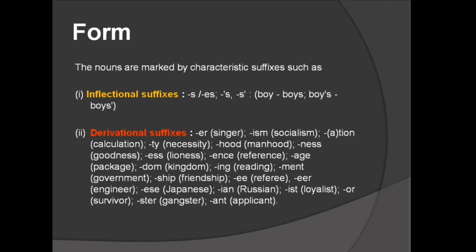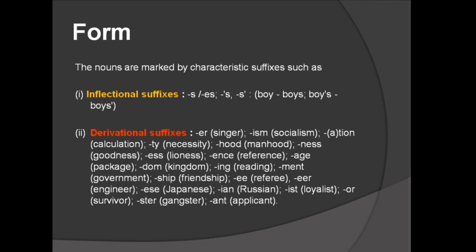Now there is another important category of the suffixes, and that is called the derivational suffixes. So what are these derivational suffixes? Derivational suffixes are the suffixes which derive a new word from the existing one. For example, you can study a number of derivational suffixes like er, ism.